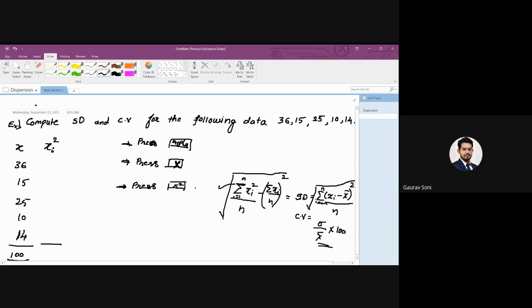Once your function is entered, then you press calculate. Once you press calculate, it will ask you the value of x. You will see x question mark on your screen. Then you give the first value, 36, and then press equal to.